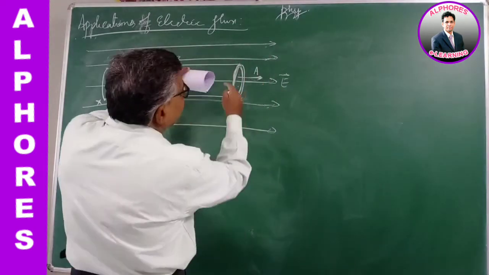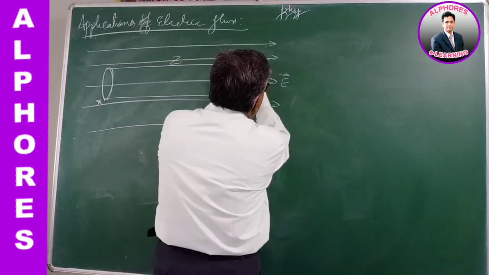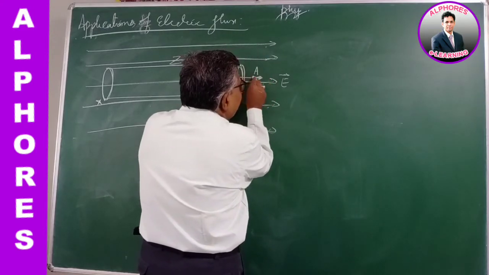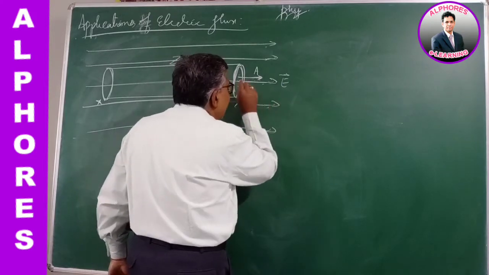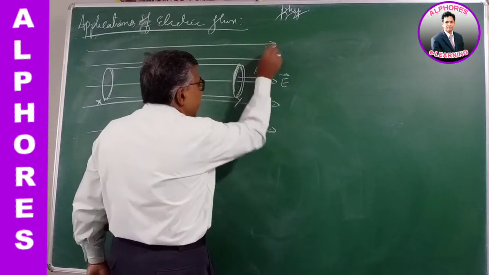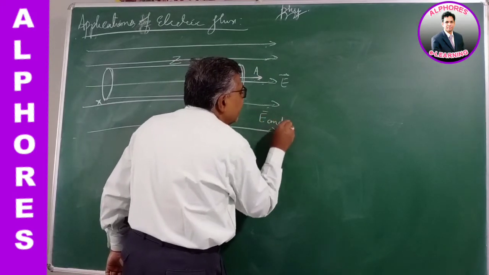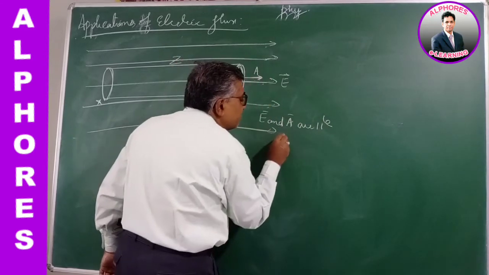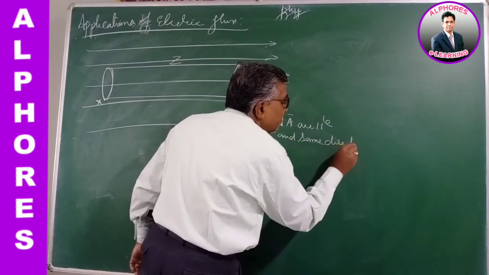Now that circular area element has area A and its vector direction is represented like this. So here at this point, E bar and A bar are parallel and in the same direction.